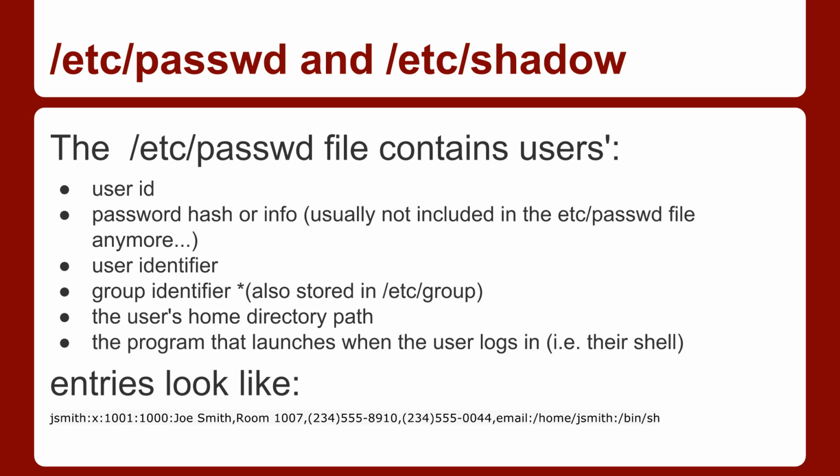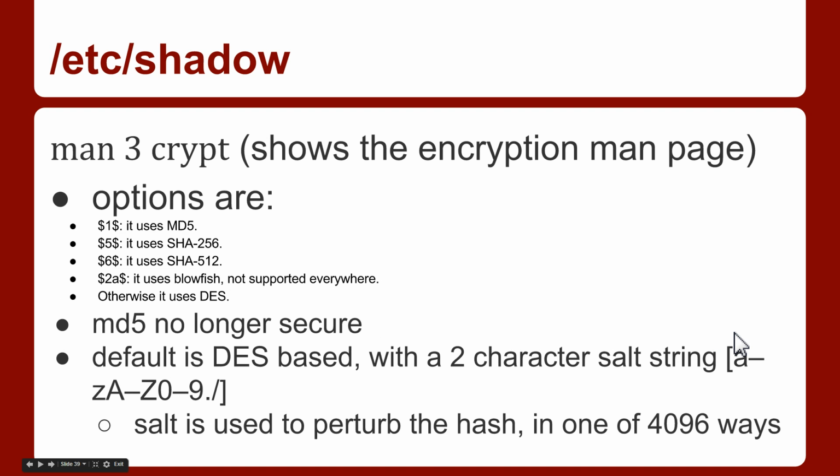It would contain the user identifier, the group identifier, the user's home directory path, and the default program that launches when the user logs in. And the entries are typically colon delimited and look like this. They may have other metadata like room, phone number, etc.